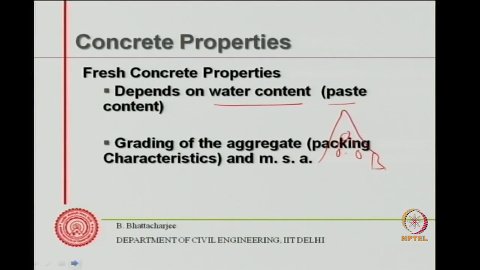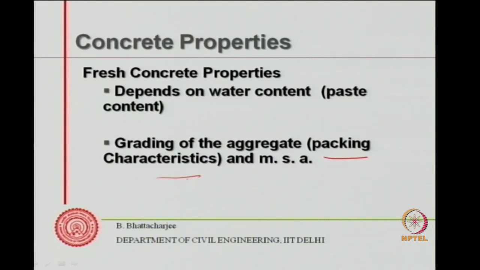Right. Now that would be ensured, if I want to keep minimal material, that would be ensured by packing characteristics of the aggregate. If they pack very well, you remember we talked something of packing density, which is the mass of solid in, let us say, unit volume of the bulk material.